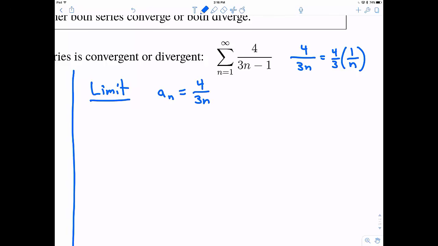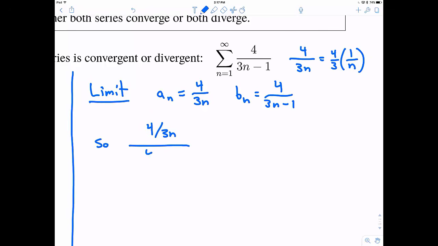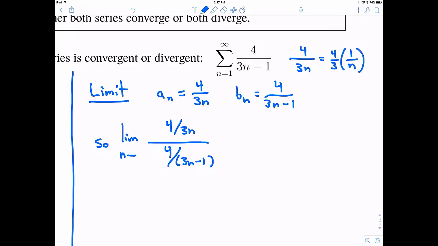Now my series is going to be the b sub n's, which is going to be 4 over 3n minus 1. And so I'm going to look at the limit as n goes to infinity of my a sub n's divided by my b sub n's. Oops, I forgot to write the limit as n goes to infinity. So there we go, the limit as n goes to infinity.